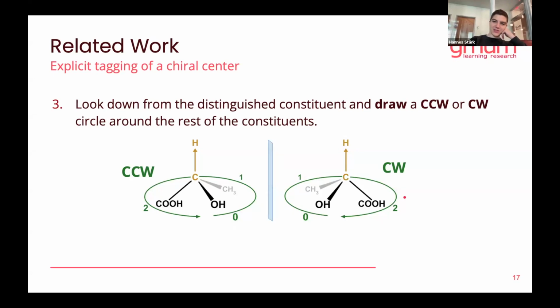Can you repeat how the numbering is chosen? No, this algorithm is supposed to return a distinct number for every constituent. The definition of a chiral center is that every constituent is distinct, different. So you can somehow make an order of them because they are not the same. And how do you make your order in practice?